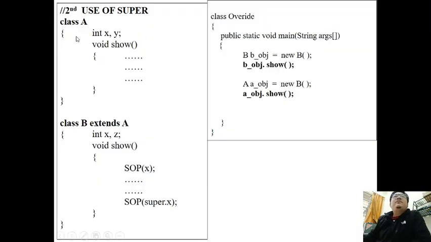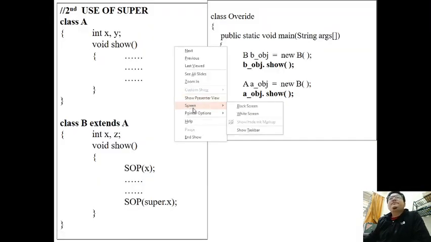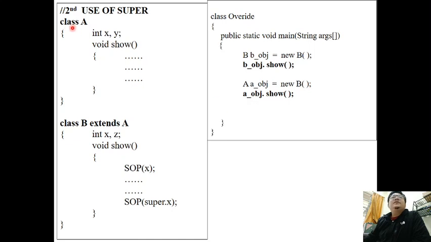We can have a look over here at the same example. There is a class A, there are two variables X and Y, and there is a method. And there is a class B that extends A. So class B is a subclass, and class A is a superclass or parent class, and B is the child class that extends A. There is a variable X and Y, wherein you can see the first variable X is common to both.